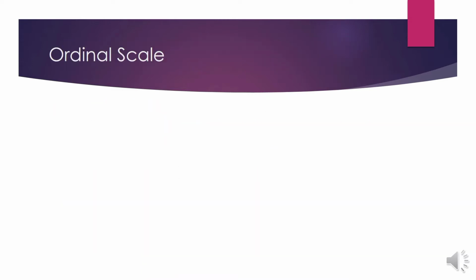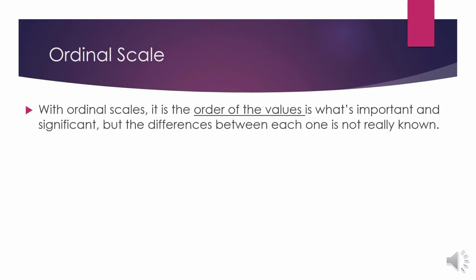Ordinal scale. With ordinal scales, the order of the values is what's important and significant, but the differences between each one is not really known.